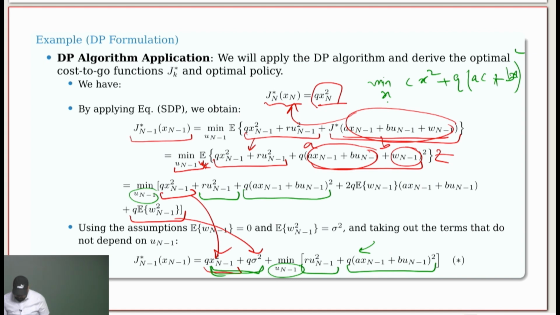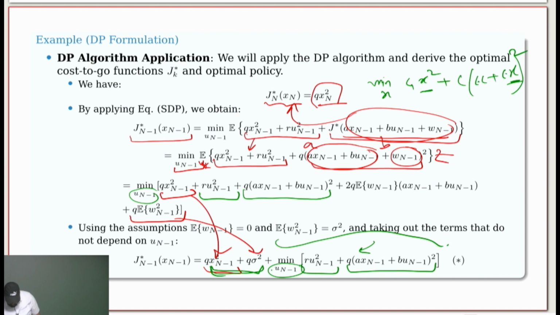I have put everything as a constant, just to be sure of what we want to minimize. So this is the minimization problem: c1 x squared plus some constant, basically some constant plus a constant times x squared.